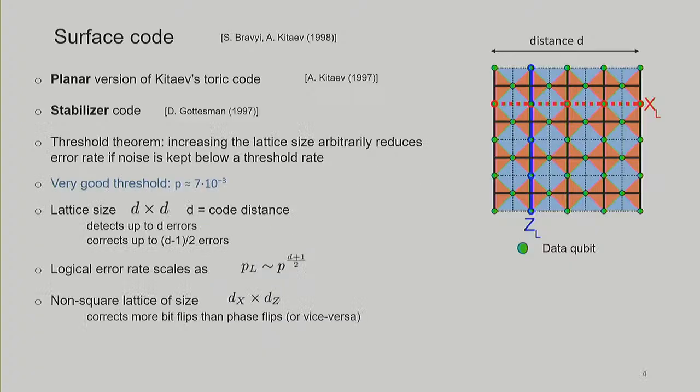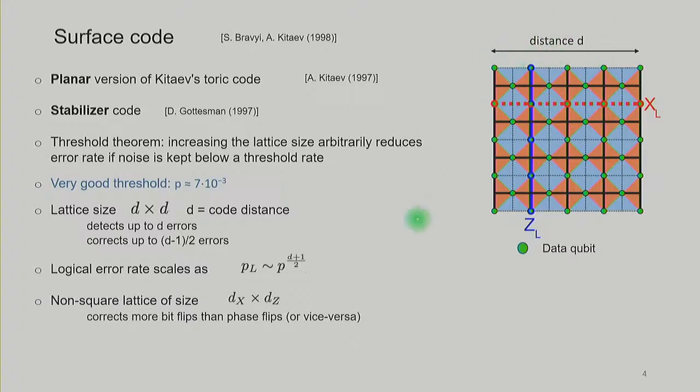An important result for error correction is the threshold theorem, which says that provided that the physical error rate of each of the individual qubits in the device is below a threshold error rate, then by increasing the lattice size, in the case of the surface code, the number of physical qubits, we can make the logical error rates exponentially suppressed with respect to the lattice size, which in this case is also the code distance.